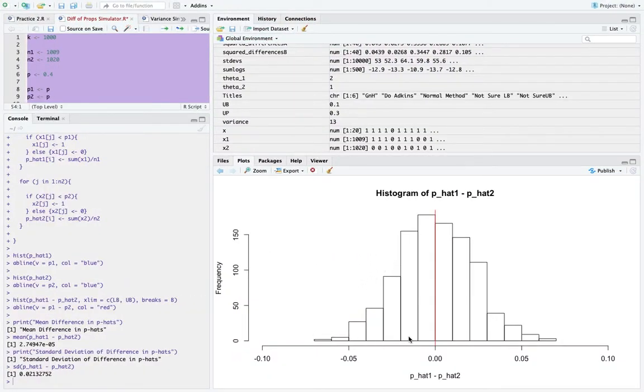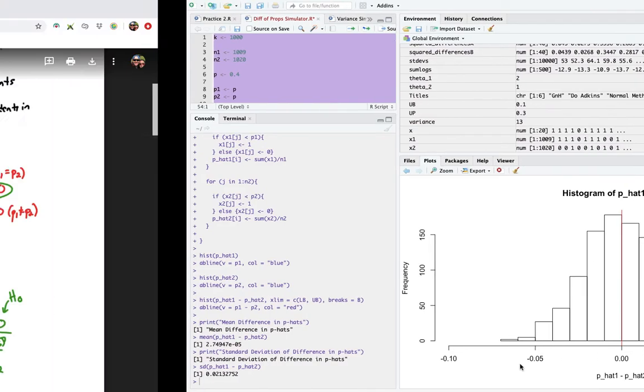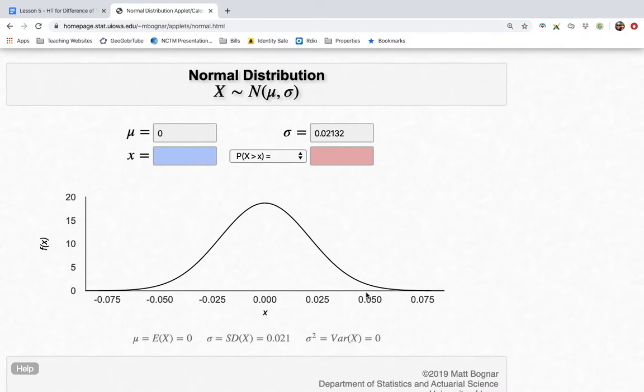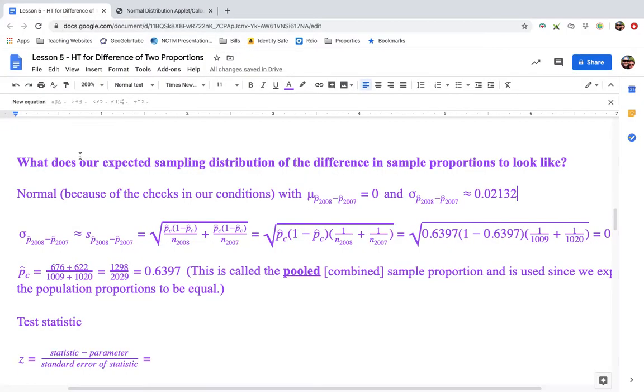It's centered at 0. You see negative 0.05, 0.05 out there. It looks fairly similar to what we would expect to occur even through our simulation. So this is our distribution that we're going to use to solve our problem.